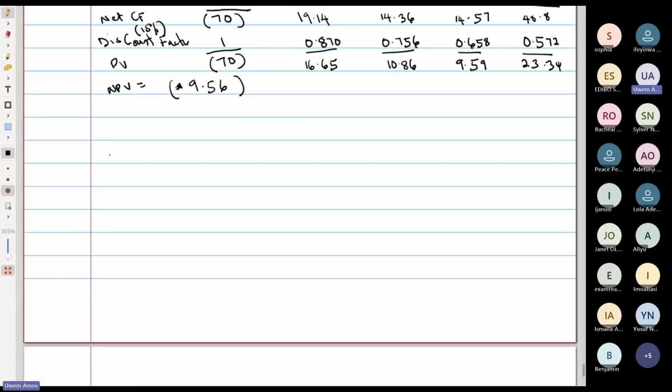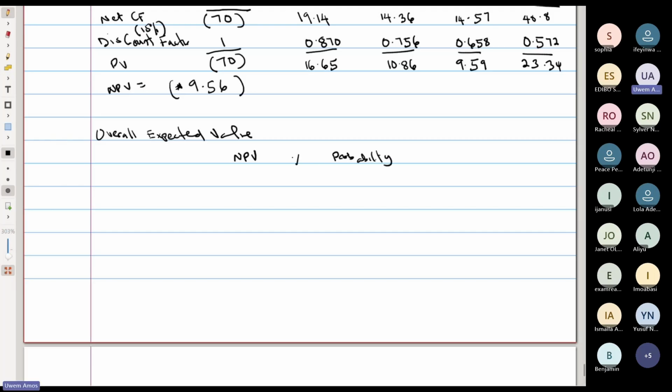So our overall expected value. All we need to do is to see, okay, what is the individual value? What is the probability?